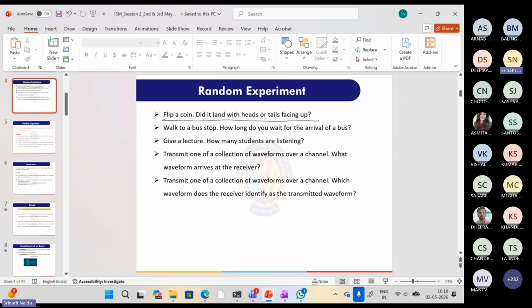But for most natural processes, once you know enough of the physics behind the generation of the process, you can say it's no longer really random. So it's all about interpretation. You have a coin being flipped. We don't have enough knowledge of the physics of the coin. That's why we claim that we don't know whether it would land heads or tails up. So that's why we say it's a random outcome.